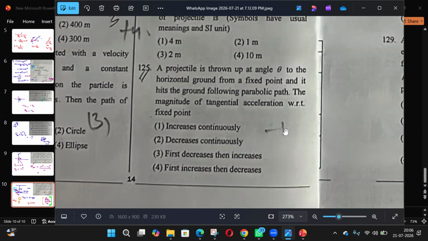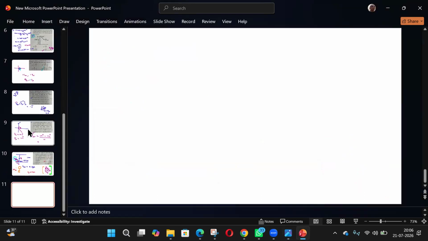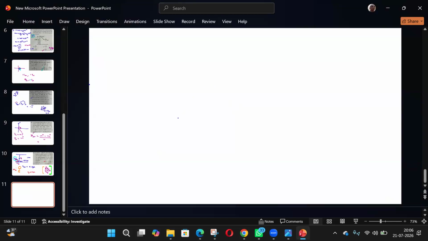So the initial point, just a geometry question. This is a parabolic path.